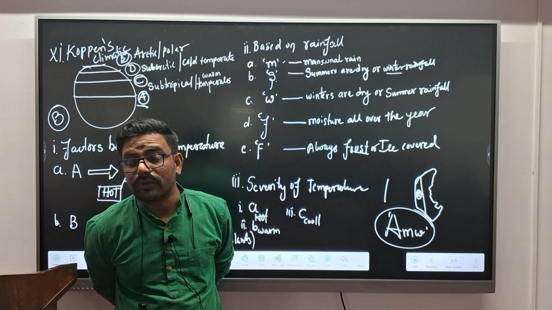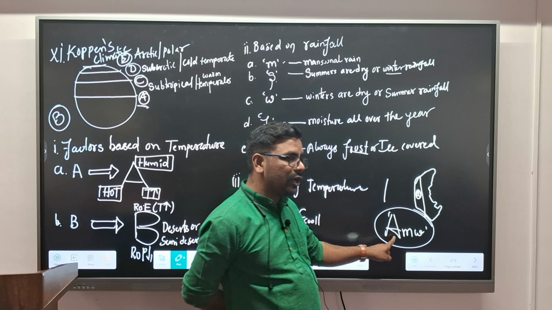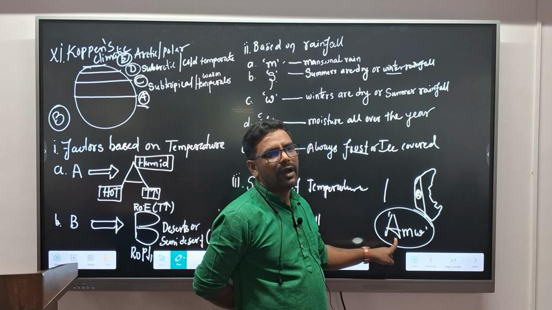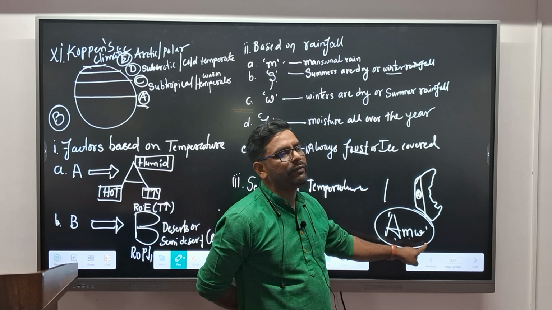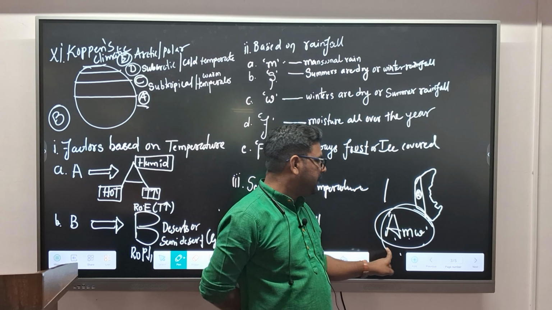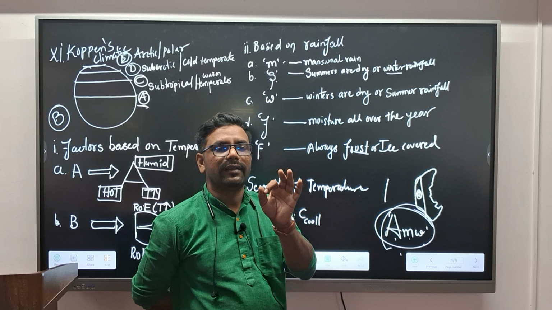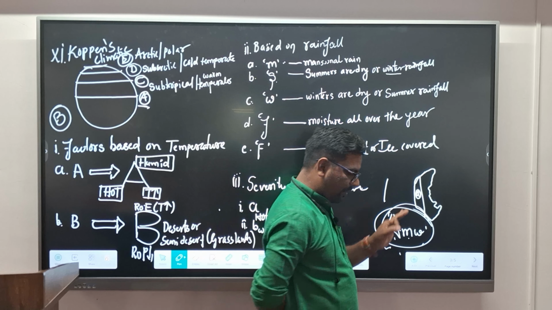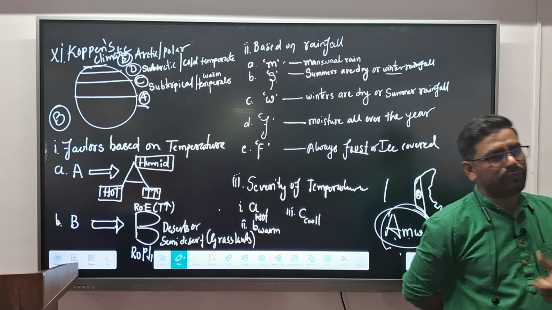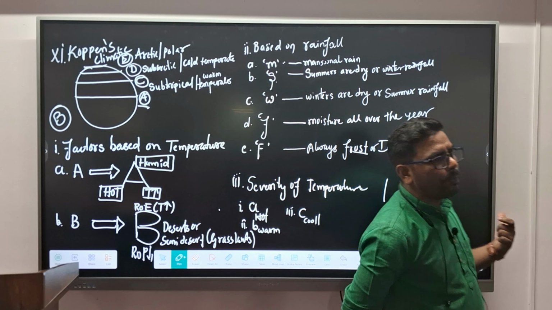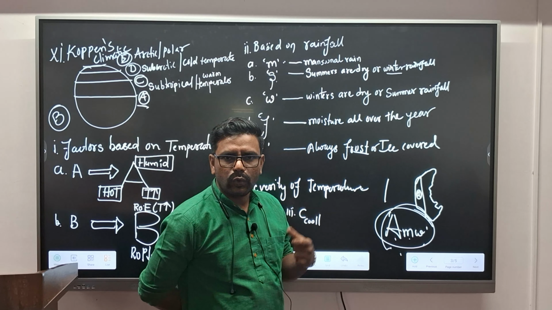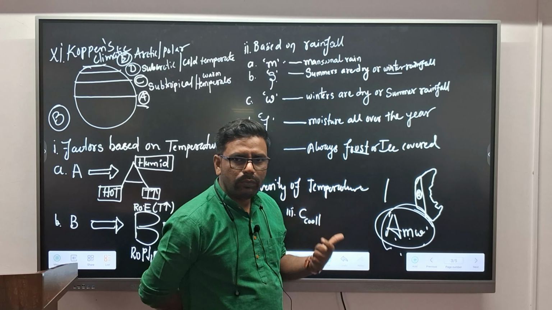In your exam they will ask you directly the meaning of A, or sometimes the meaning of M, or of W, or they will give these factors and ask you the area or the climate name. In two ways they can ask the questions directly.